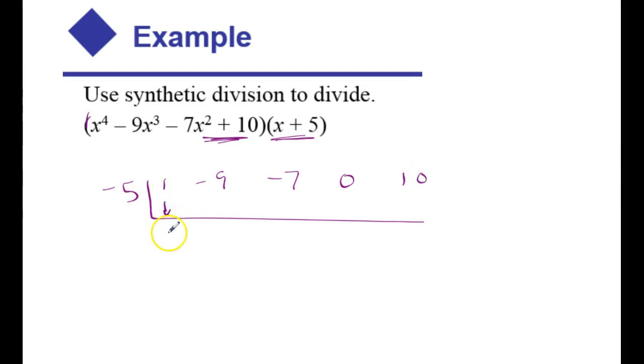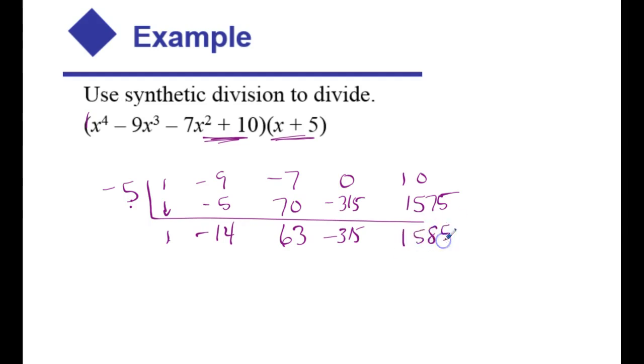Bring down the first term, multiply negative 5 times 1, add, multiply negative 5 times 14 is negative 70, adding straight down is negative 63 times negative 5 is 315, adding, and multiplying 315 times negative 5 is a big number, negative 1575. I'll add, and 1585 is the remainder.